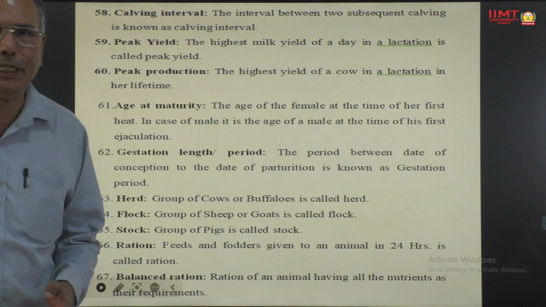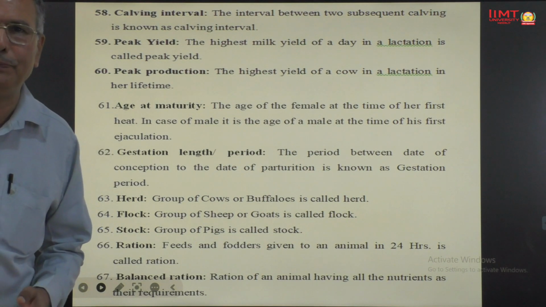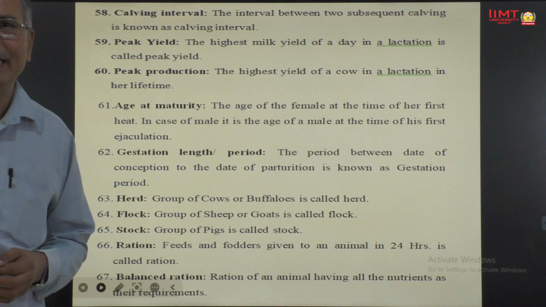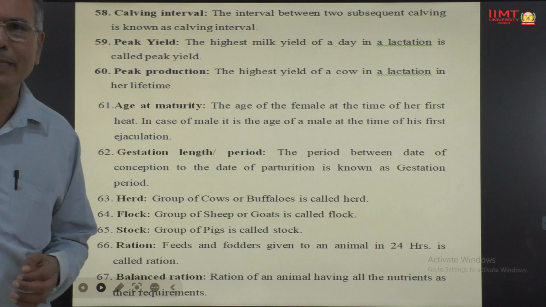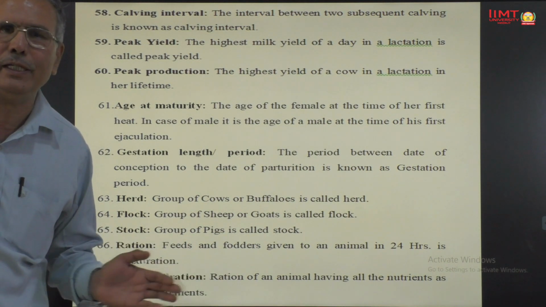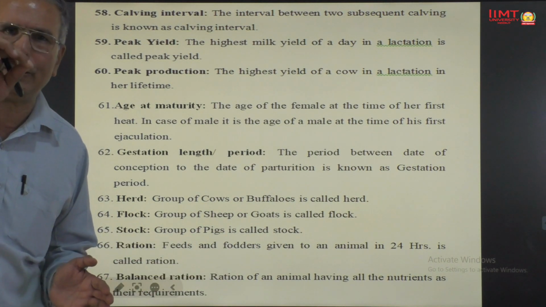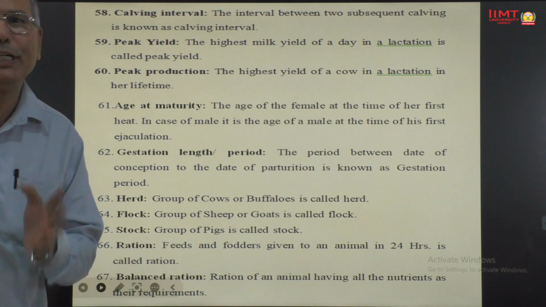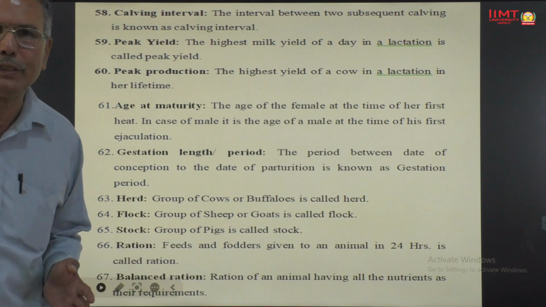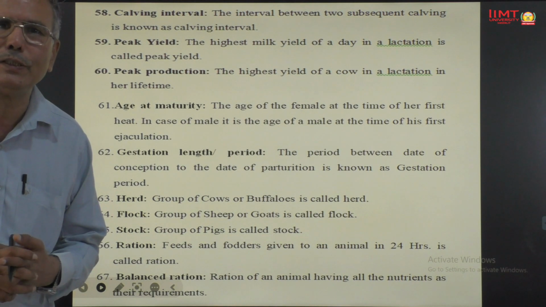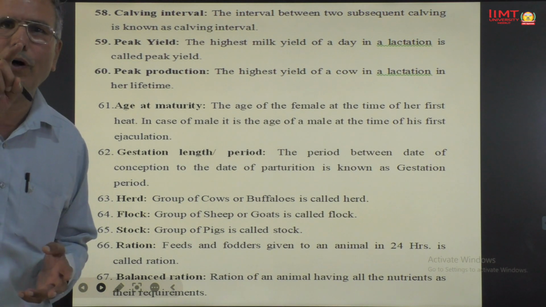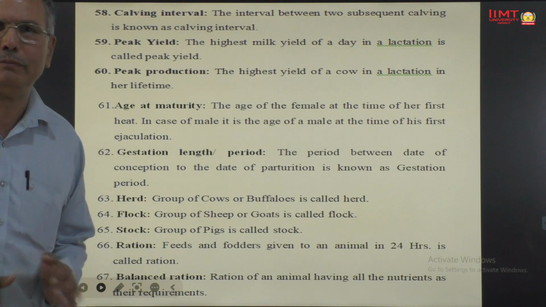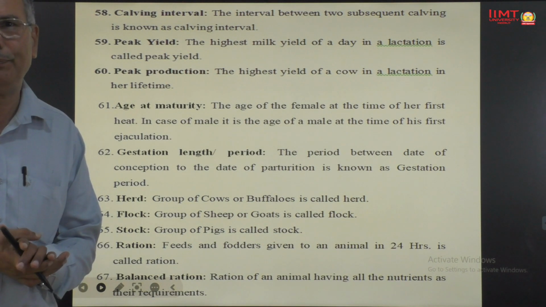The highest yield of a lactation of a cow or buffalo in her lifetime, पूरे लाइफ टाइम के अंदर किसी एक ब्यात का हाईएस्ट मिल्क यील्ड को कहते हैं पीक प्रोडक्शन. It is the highest milk production of a lactation in the lifetime of a cow and buffalo.